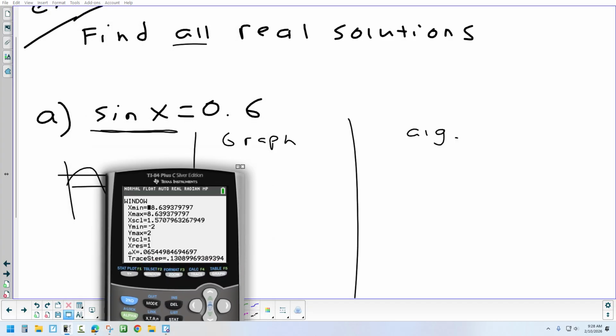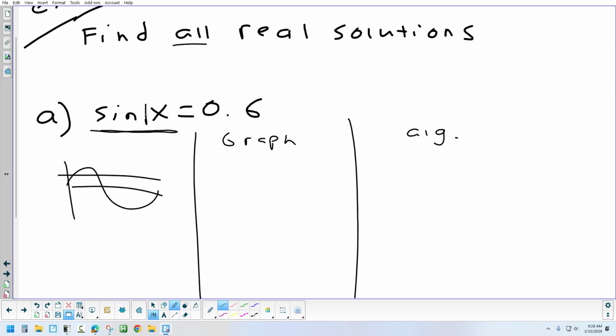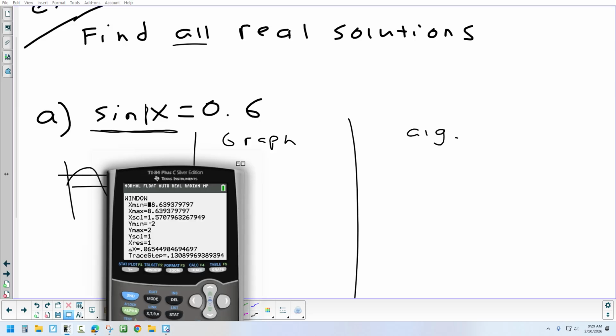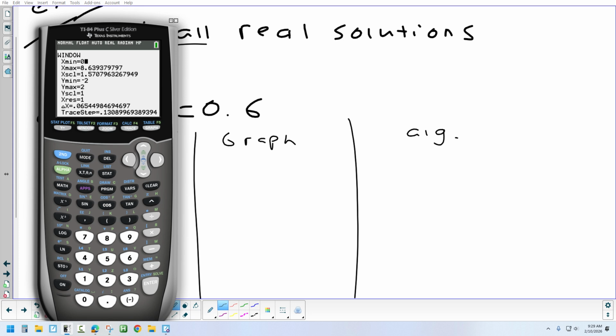What's b in this case in my sine function? Yeah, 1. There's no number in front of x, so it's just a 1. So I want to set the period to go 1 cycle. Easy way to do that is 0 to 2 pi. That will show you 1 cycle. Make sure you're at least negative 1 to 1. I would do negative 2 to 2 on the y.